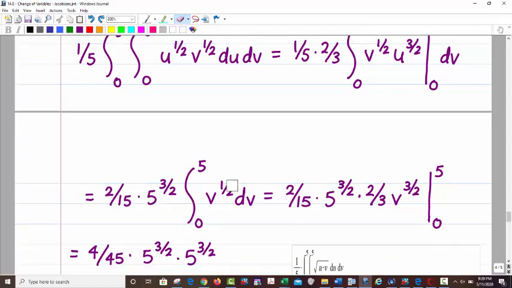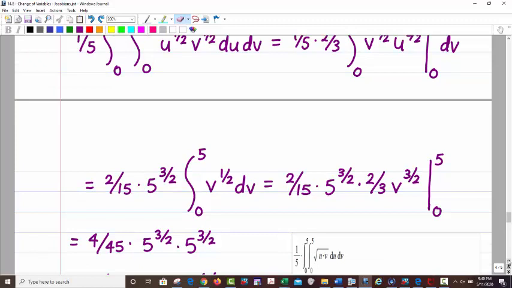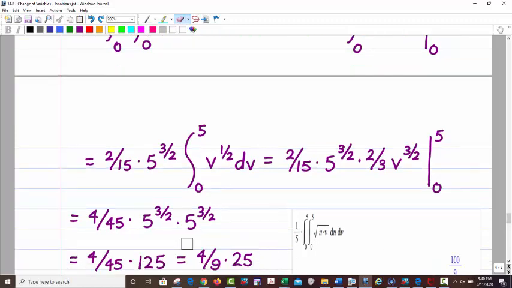And then multiply the fractions to get 2 over 15. And then the antiderivative of v to the 1/2 will be 2/3 v to the 3/2. So I can multiply the 2/3 times the 2/15 and get 4 over 45. And that's going to be another 5 to the 3/2.